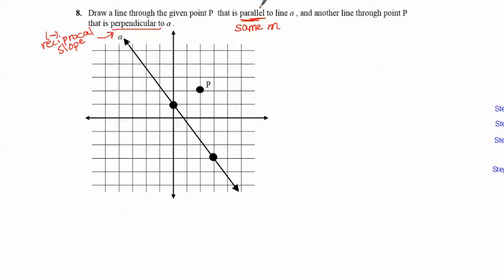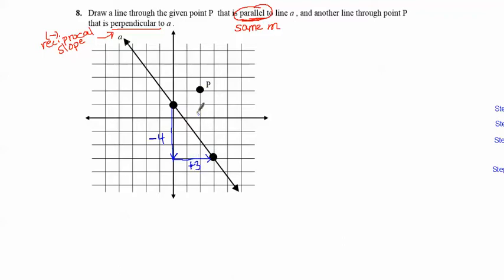In other words, take the slope, flip it, and change the sign. So, to find the line that is parallel, all I really need to do is figure out the slope of the given line A, and then copy that same slope from point P. Let's try that. Here I'm going to go 1, 2, 3, 4 down, so that's -4. And then 1, 2, 3, +3 to the right.